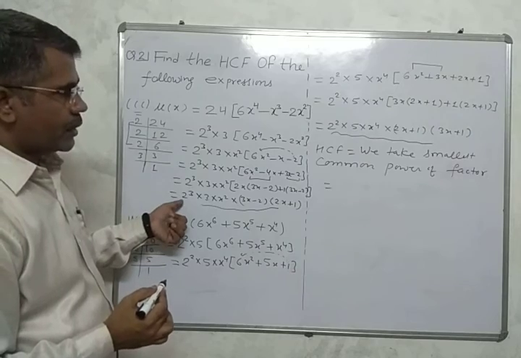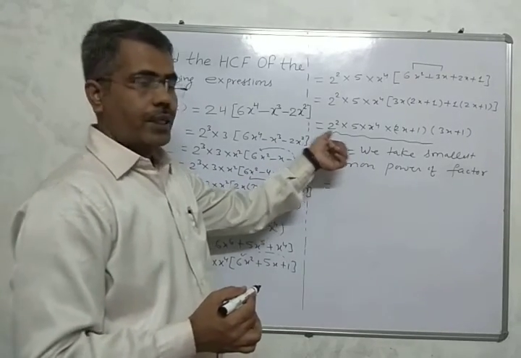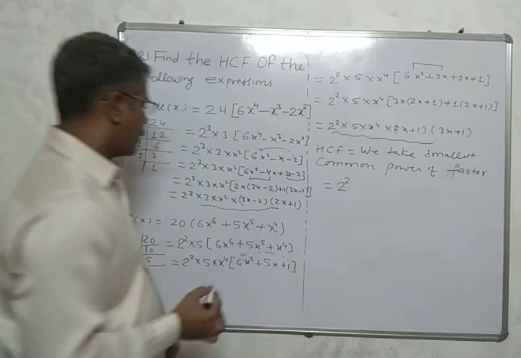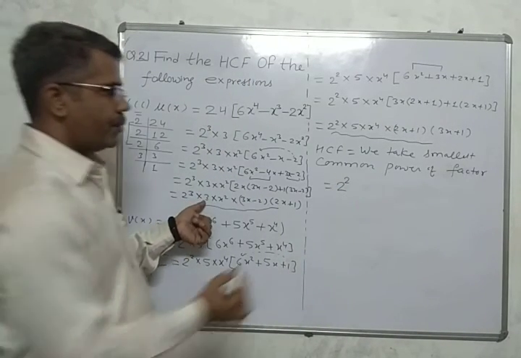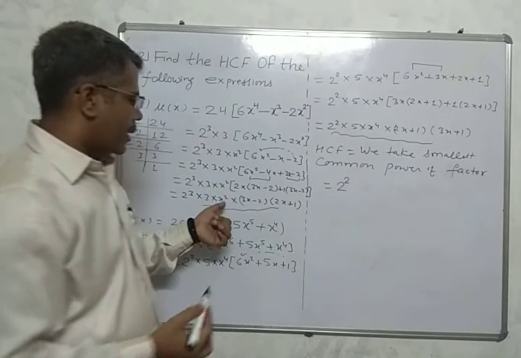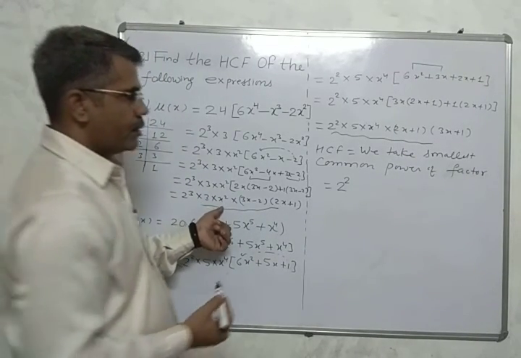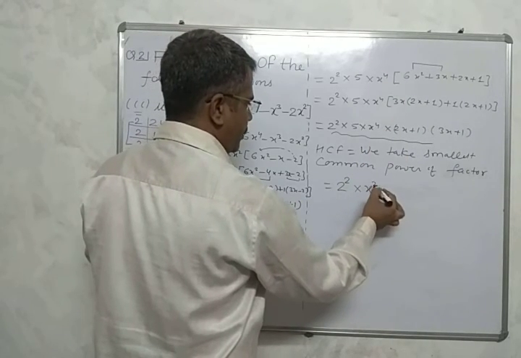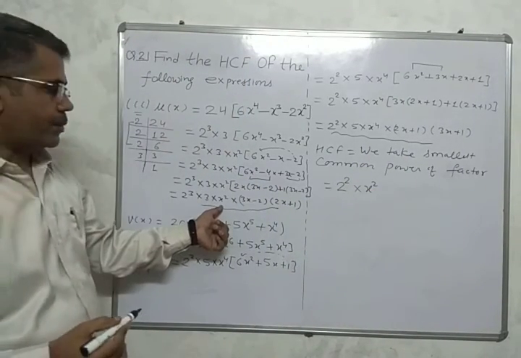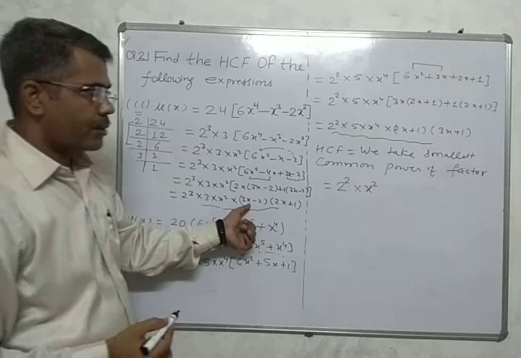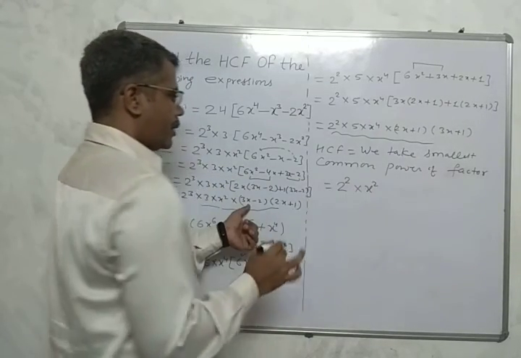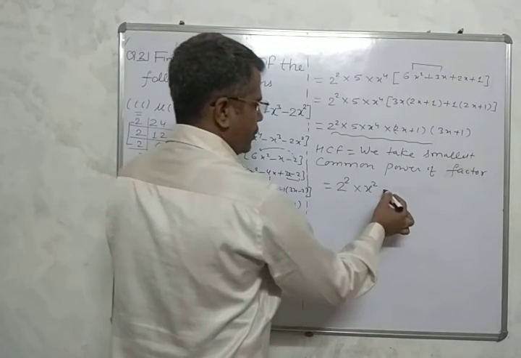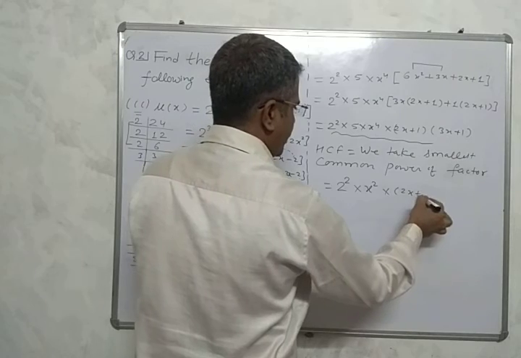Here 2 to the power 3 and 2 to the power 2. The smallest common power is 2 to the power 2. 3 is not common, so we do not write it here. Again, on comparing x square, here x to the power 4, but the smallest power is x to the power 2, so we write x to the power 2. 3x minus 2 is not common, so we do not write it here. 2x plus 1 is common, so we write 2x plus 1.